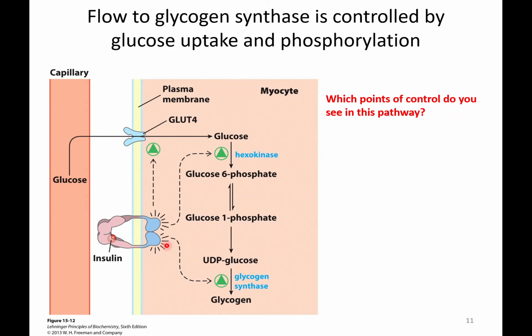The other two things that you see in this figure: it's turning on hexokinase, which is the first enzyme in glycolysis, and it's also turning on an enzyme called glycogen synthase. Okay, so if we're looking at which points of control you see in this pathway, well, there are three possibilities here.